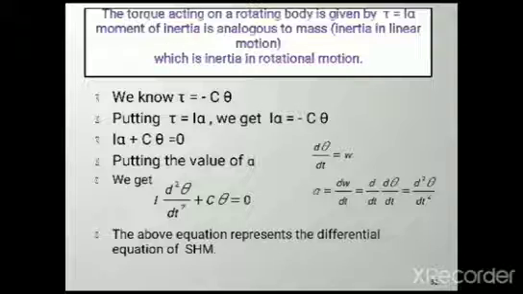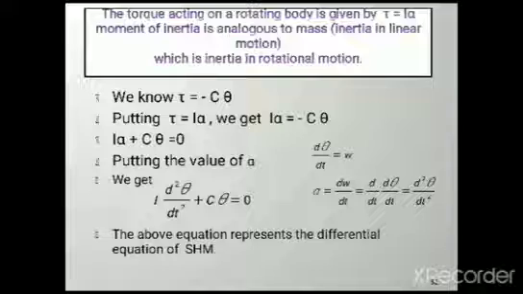Rearranging this equation we get Iα plus cθ equals 0. Angular velocity ω is dθ/dt, the rate of change of angular displacement, and angular acceleration is the rate of change of angular velocity.